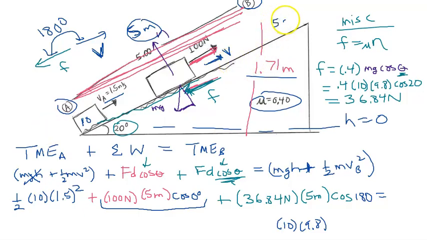So 5 sine of 20 is 1.71. So that's the height at point B. Some of that energy went into giving the block some height and leaving a little bit less for the kinetic energy.